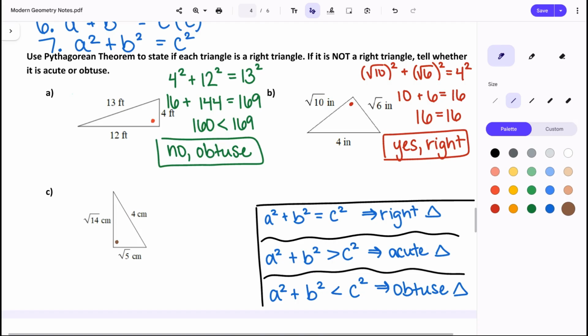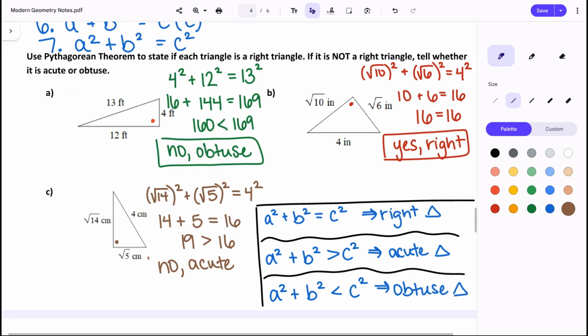So then if we set this up, we would have the square root of 14 squared plus the square root of 5 squared equals 4 squared, maybe, potentially, right? What happened here? Good, the 14 and the 5 come out. What's 4 squared? 16. What'd you get? 19 is greater than 16. So is this a right triangle? No. What kind is it? Good, this one's acute. All right, do we have any questions on that?